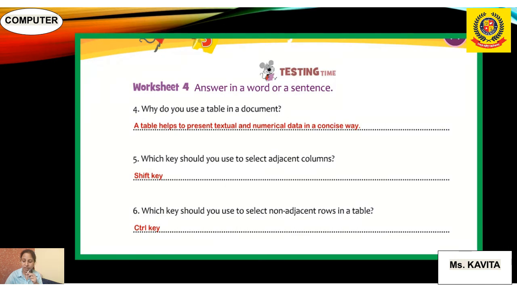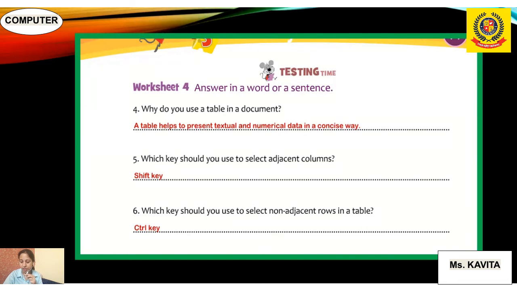Again I am repeating the answers of worksheet 4. Which button in the alignment group of the layout tab should you click to change the direction of the text in a cell? Text direction button in the alignment group should be clicked to change the text direction in a cell.